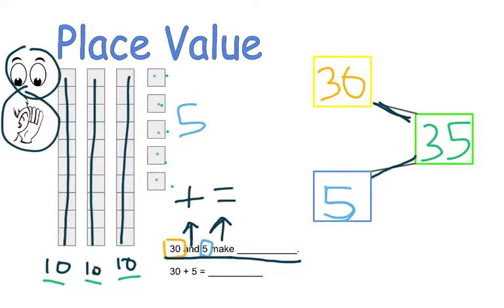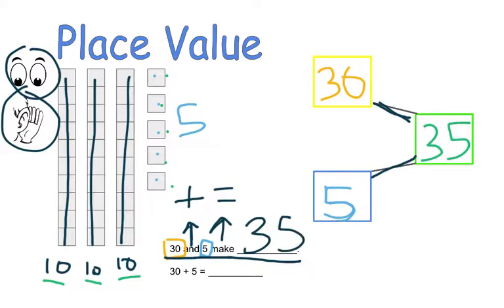That's a different way you can say plus and equals. So this is saying 30 and, or 30 plus 5, makes or equals, and we said it equals 35.